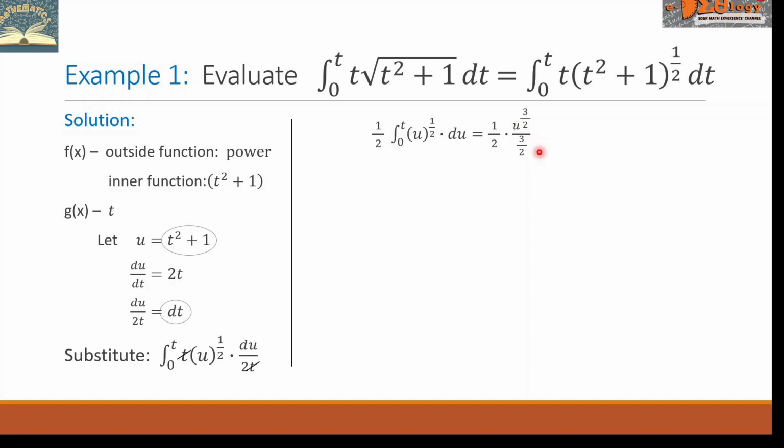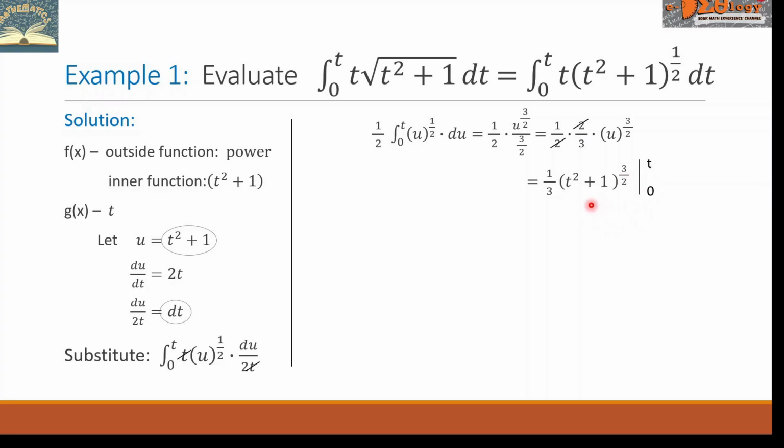We flip it up to be 2/3 to be multiplied with 1/2 times the numerator u raised to 3 over 2. For the two fractions, we can cancel the denominator 2 and the numerator 2. And the fractions are combined as 1/3. Then we return the value of u, that is t squared plus 1, that is raised to 3/2.